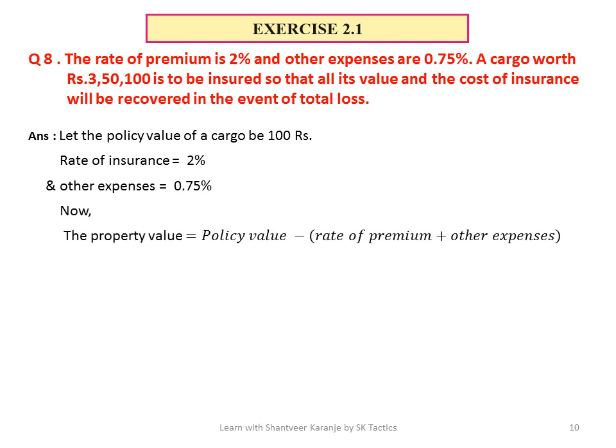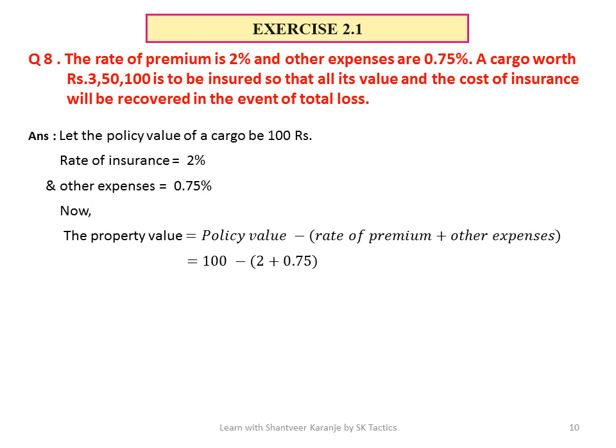So now I want the actual property value of this situation if the policy value is 100 rupees, which includes premium value as well as expenses. The property value is nothing but policy value minus the premium plus other expenses, because it is given that policy value includes these two. So by excluding these two, I will get property value. I assumed policy value as 100 rupees. So 100 minus premium, 2% of 100 is 2 only.